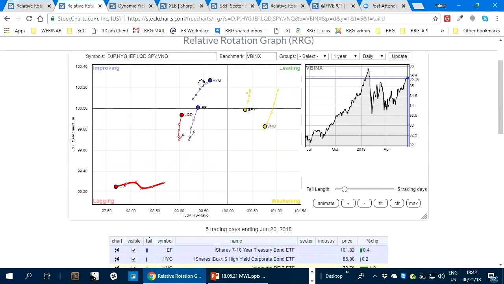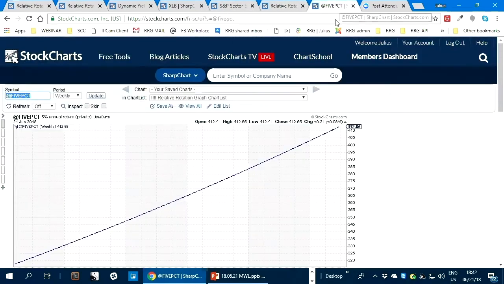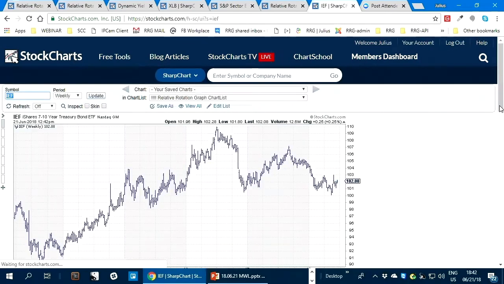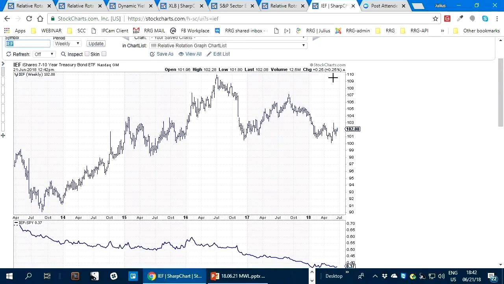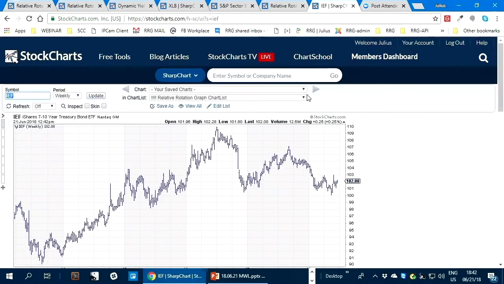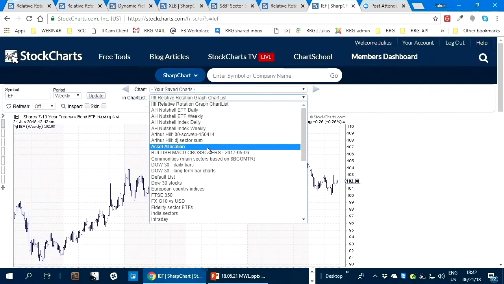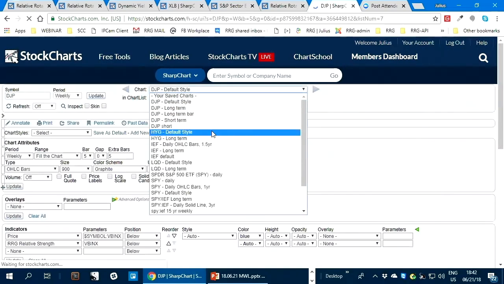And if we look at, let's take the two charts of SPY and IEF. I need to learn this better. Asset allocation, here you go.